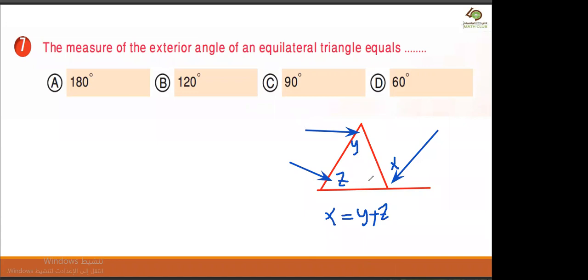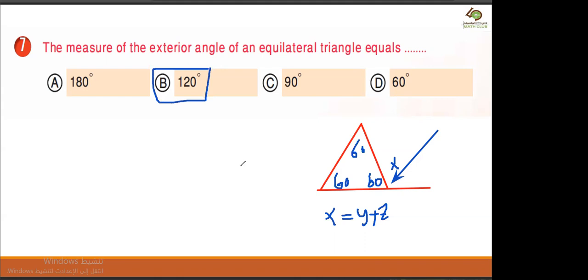That's equilateral, so we have the same angle. We have 60 here, and also Y is 60. So here will be also 60 and also here 60. Then X will be what? 120, because the exterior angle is 120.